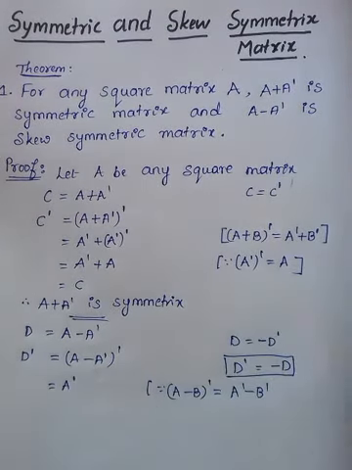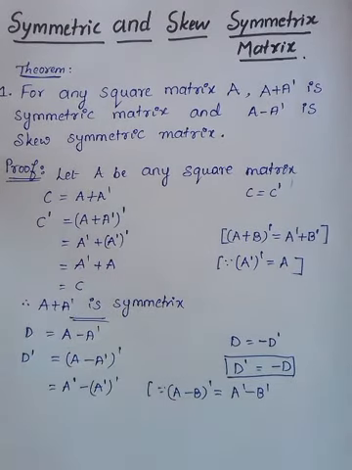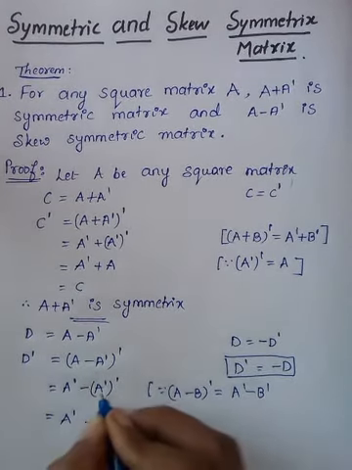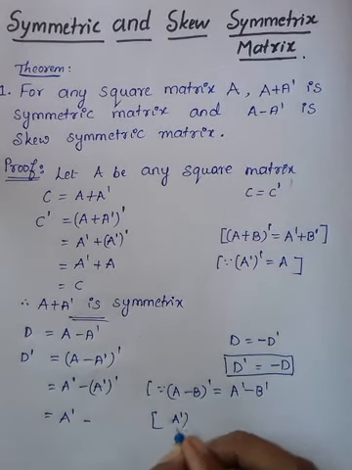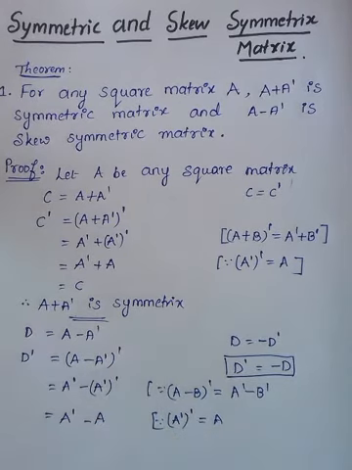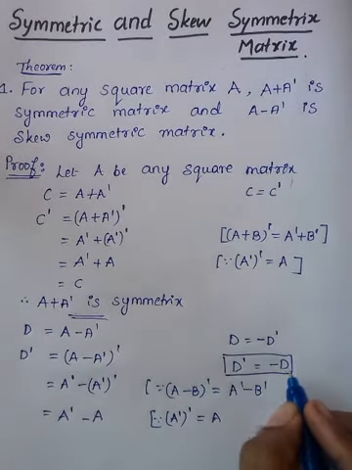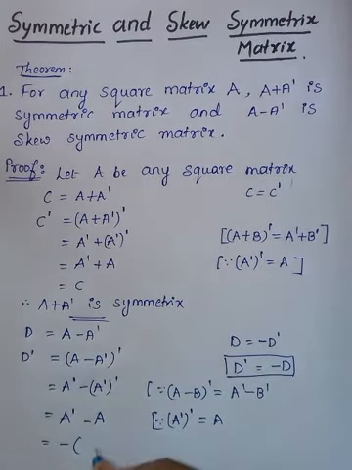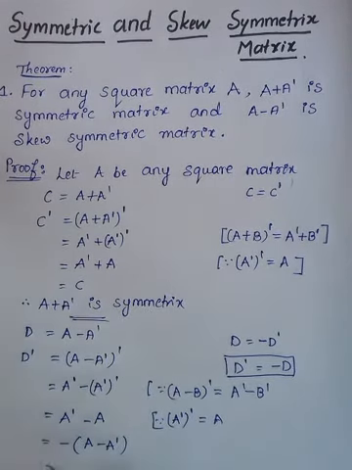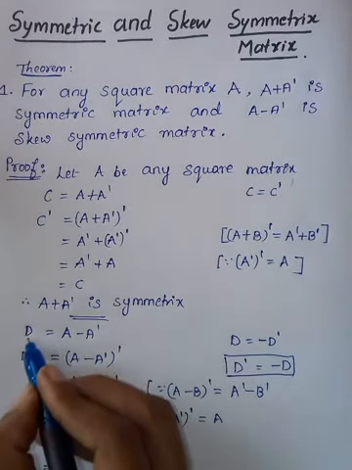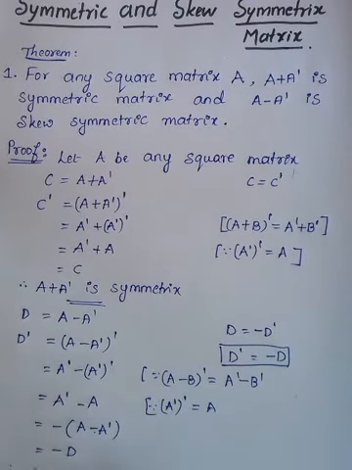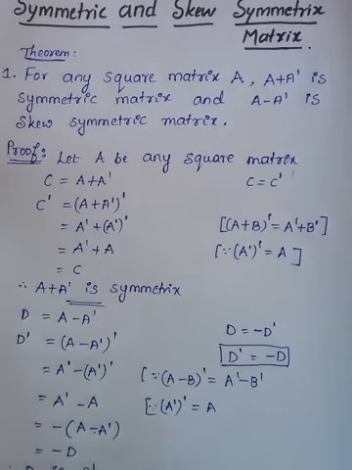So here A transpose minus A transpose whole transpose, which is equal to A transpose minus, here A transpose whole transpose is one of the properties of the transpose of a matrix, that is matrix A. So A transpose whole transpose is A. To prove D transpose is equal to minus D, take the minus sign out, then the remaining is A minus A transpose, which is equal to minus A minus A transpose, our matrix D. When D transpose is equal to minus D, we can say that D is skew symmetric.